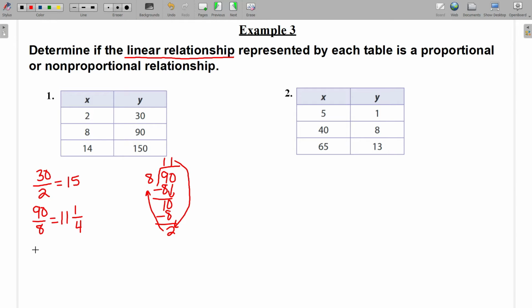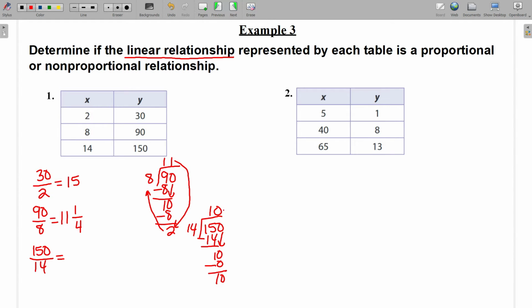Now, my last y to x value is going to be 150 over 14. If I were to divide that, I would go over to the side somewhere and take 150 divided by 14. I would see that 14 goes into 15 one time with 1 left over. I bring down my 0, and then I see 14 goes into 10 zero times. So I would have 10 minus 0, and I would get 10.